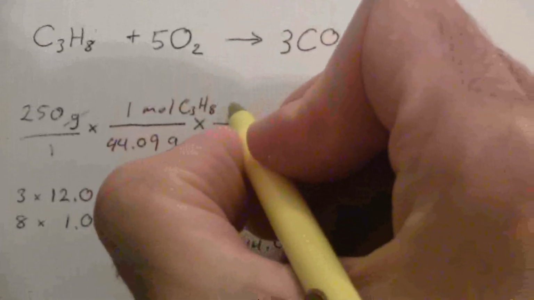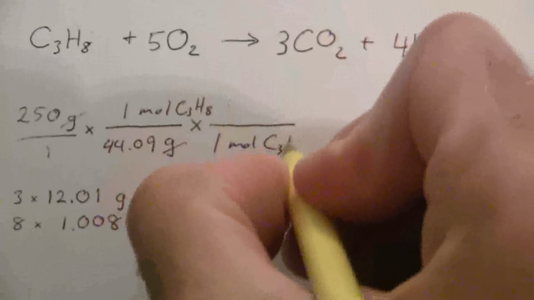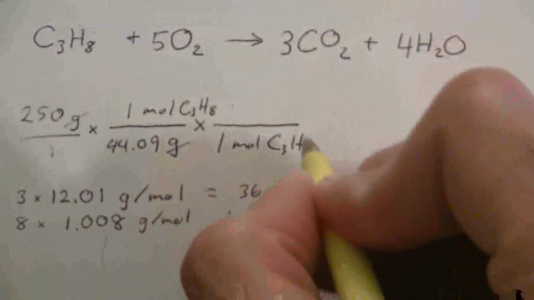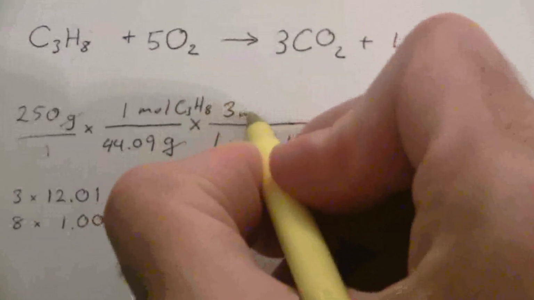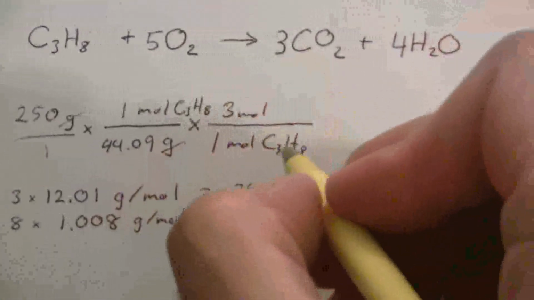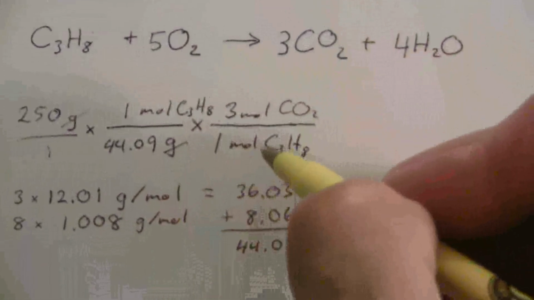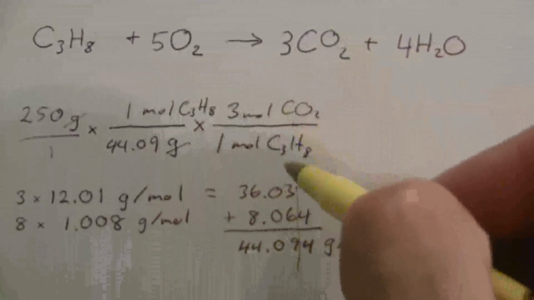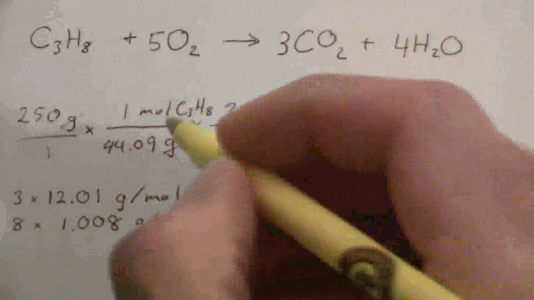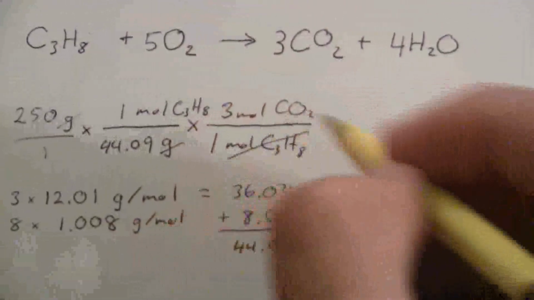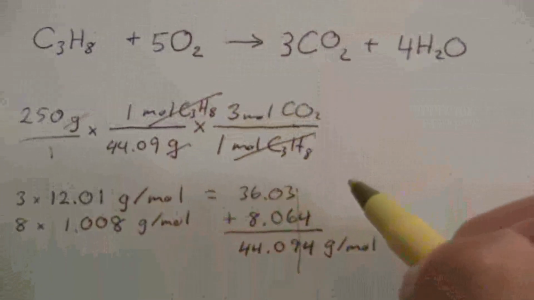It's saying for every 1 mole of propane that is reacted, it will produce 3 moles of carbon dioxide. So I have a 1 to 3 mole ratio, which comes straight from that balanced equation, right? And I arrange it so that my moles of propane will cancel, and I'll have moles of carbon dioxide.